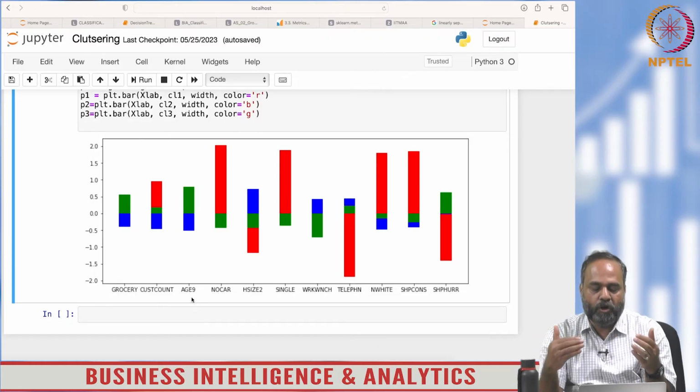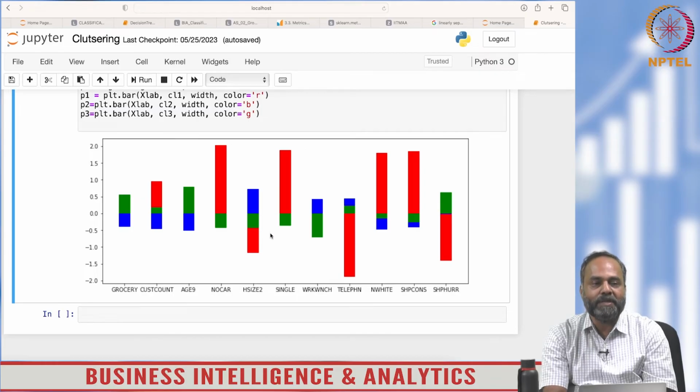After the normalization, the data points fall in that range, and these are basically z scores. So, what you get to see in the bars is the average value of each attribute in different clusters.